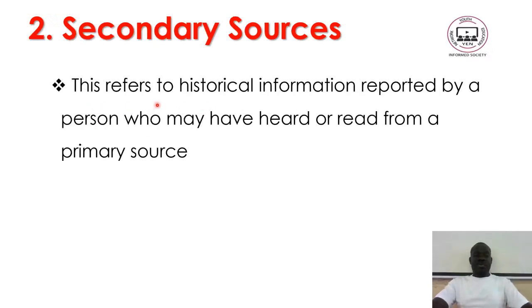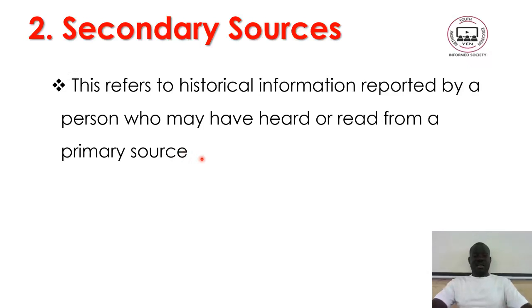So this refers to historical information reported by a person who may have heard or read from a primary source. So someone can hear from the primary source. For example, I was talking of the textbooks in school that we use.